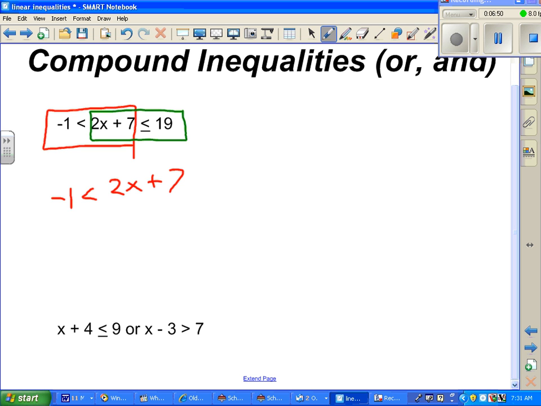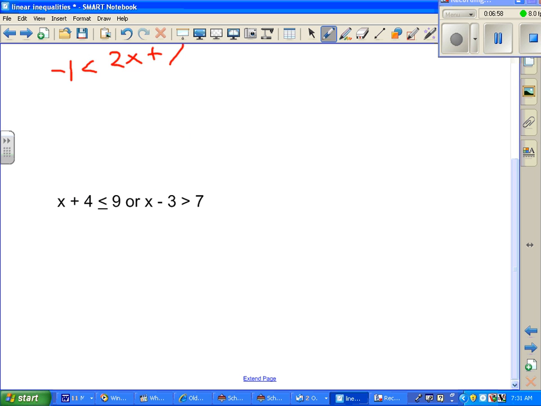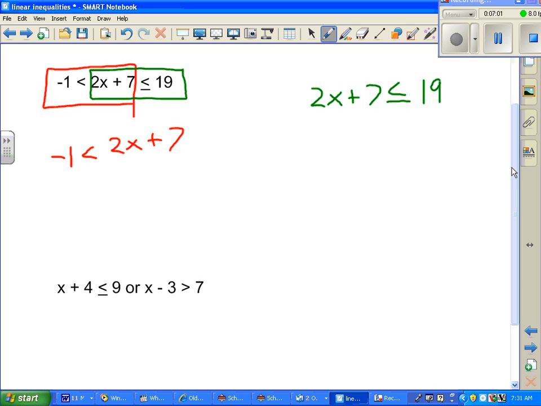So the middle goes with both ends. 2x plus 7 is less than or equal to 19. Now we just go ahead and solve. So we subtract 7 over, so I get negative 8 is less than 2x. Divide by 2, and it's a positive 2, so I don't need to switch the sign. So negative 4 is less than x.